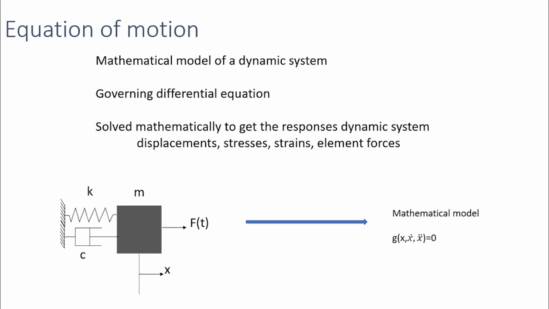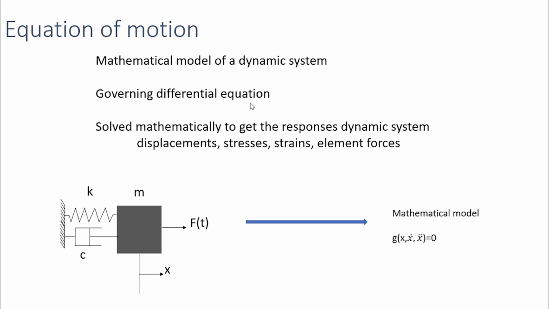Now we will see what an equation of motion is. Okay, so earlier we have discussed that to make a model, we have to make a mechanical model first and then make a mathematical model. Equation of motion is a mathematical model of a dynamic system.